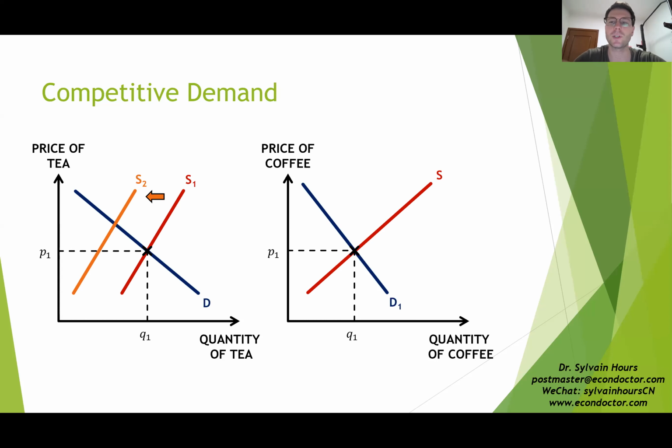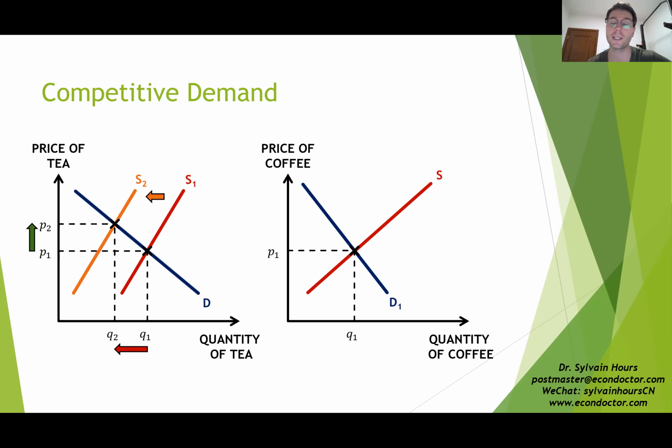Maybe this is the increase in the price of an input. It doesn't matter. Let's just say that the supply of tea decreases, could be because of the bad weather, for example. So as a result, we see that there will be an increase in the price of tea from P1 to P2 and a decrease in the quantity. So because the price of tea has increased, we see that the quantity demanded decreases.